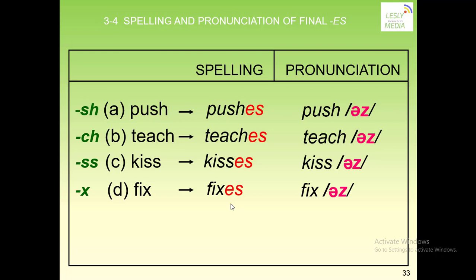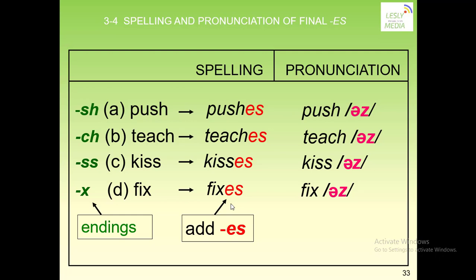Okay, next. And the verb ends with x, you have to pronounce, for example, fix, and you have to pronounce with fixes. Okay. So, ending with sh, you have to add es.